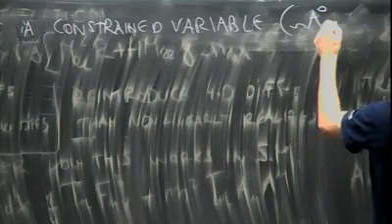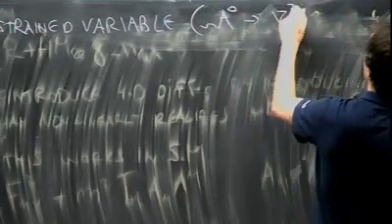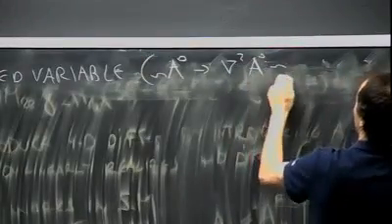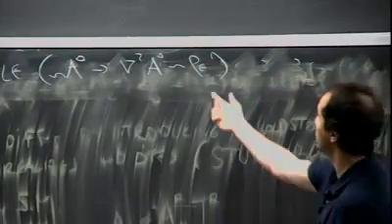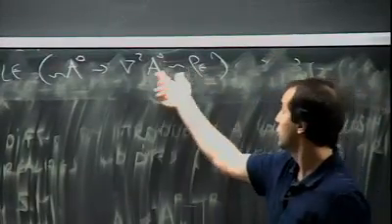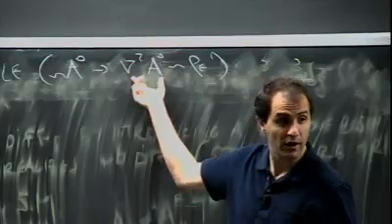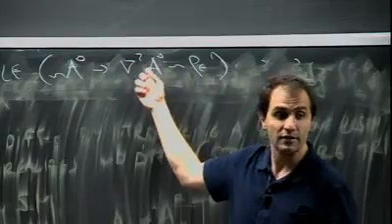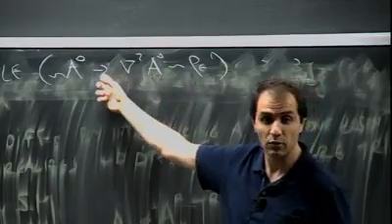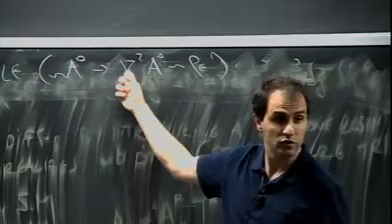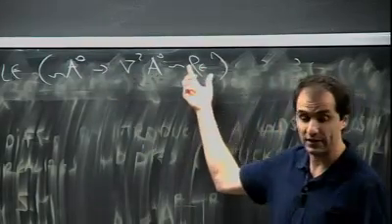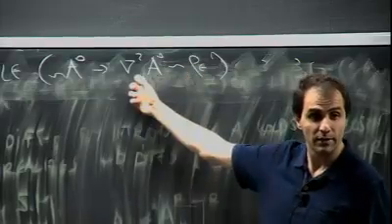That is determined by the matter. Like A0 solves a constraint equation. I don't remember very well, but something like the Laplacian of A0 goes like the electric charge in the U(1) theory. So you see that if you tell what the matter field does, which is the electric charge density, you know immediately at every time and every location the value of A0. That is, A0 solves a differential equation which doesn't involve time derivatives. So it is a constraint variable in terms of the matter field. This is why it's not an independent degree of freedom.